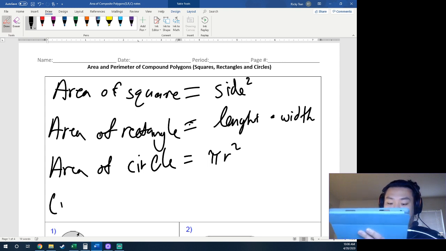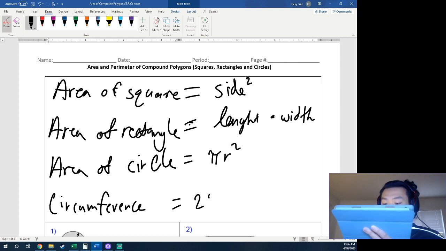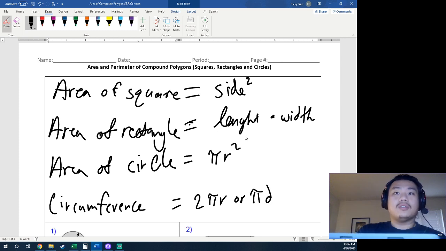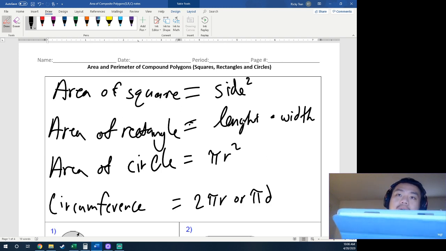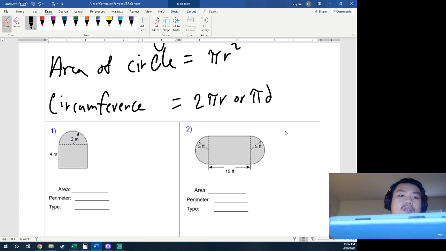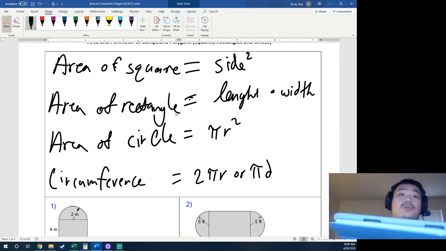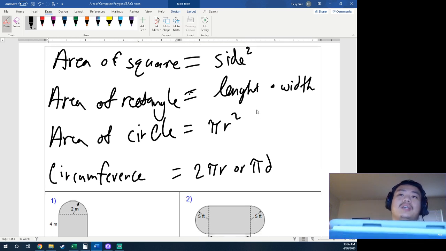And circumference is 2 pi r, or pi times diameter. All right. So just quick references. Perimeter of a square and rectangle is just add all the sides.